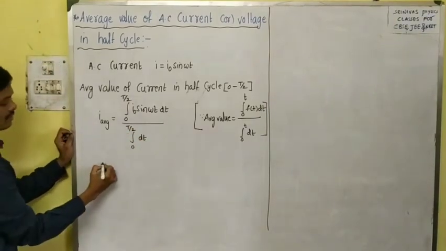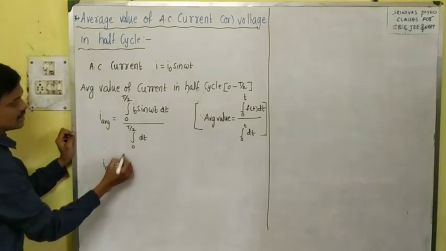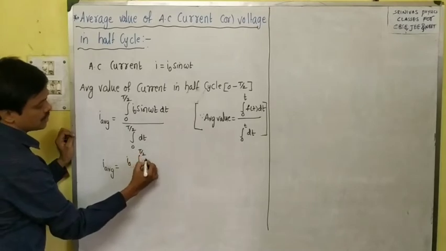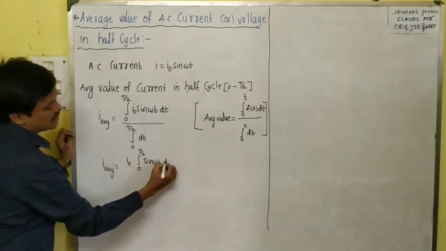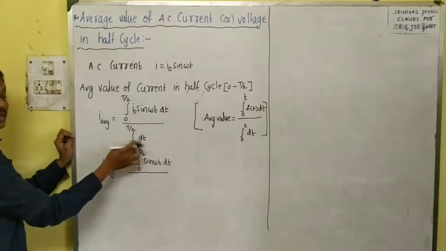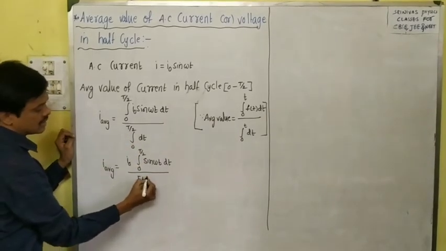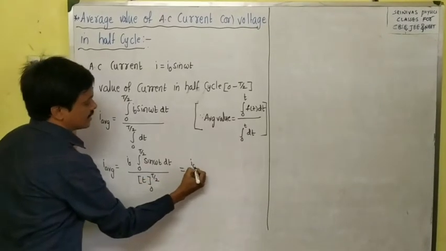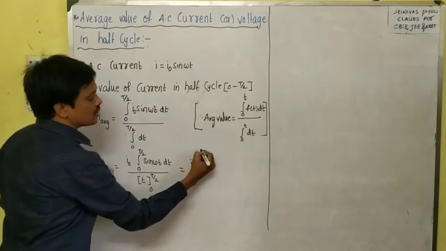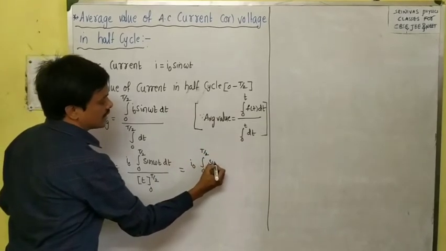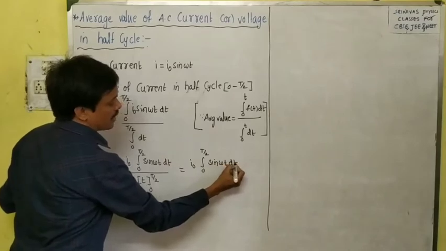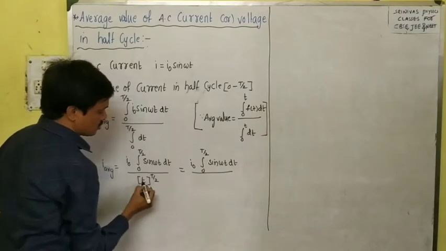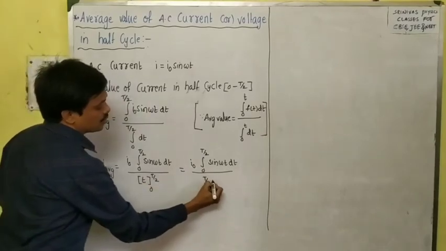Next, to find the average value of current, I naught we write outside, integration 0 to T by 2 of sin omega t dt, divided by the limits substituted in place of small t: capital T by 2 minus 0.